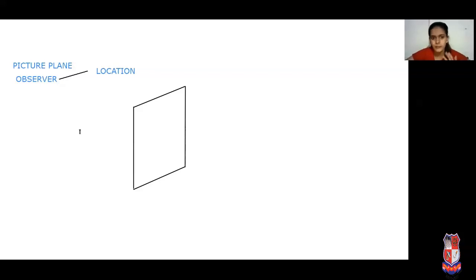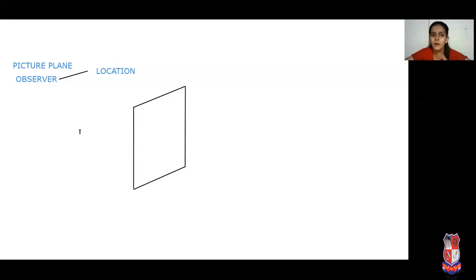Okay, so if I'm looking from the front, it is different. If I'm looking from the back side, it is different. If I'm looking from the left side, it is different. If I'm looking from some angle, it is different. If I'm walking away and again turning back from a long distance, then the perspective view is different. Why?